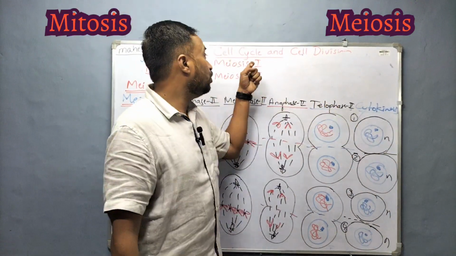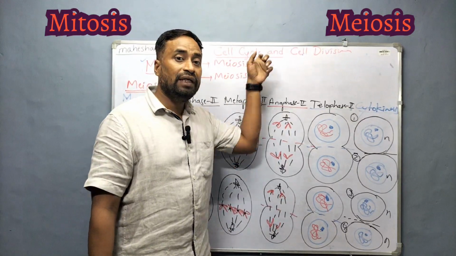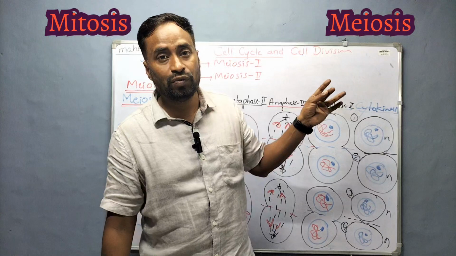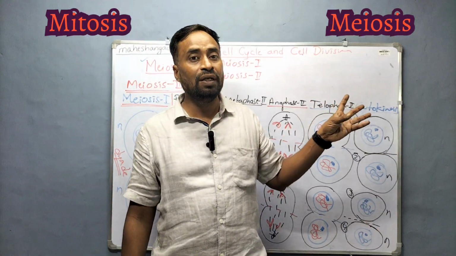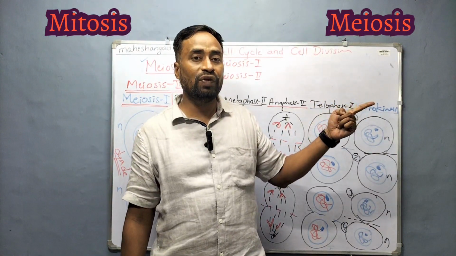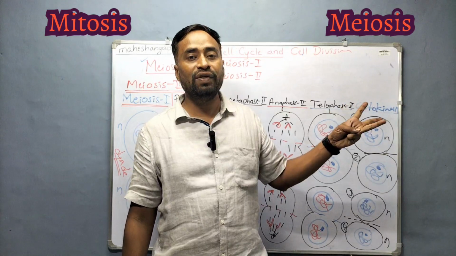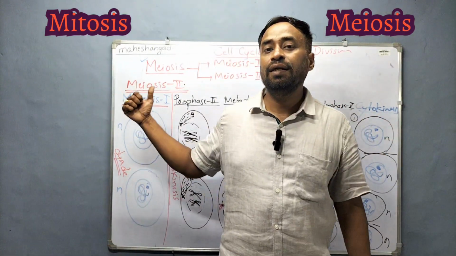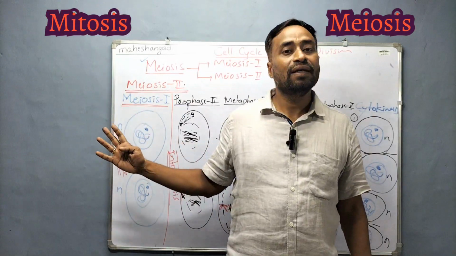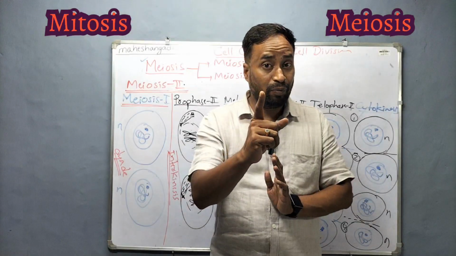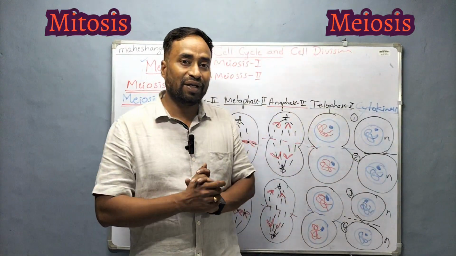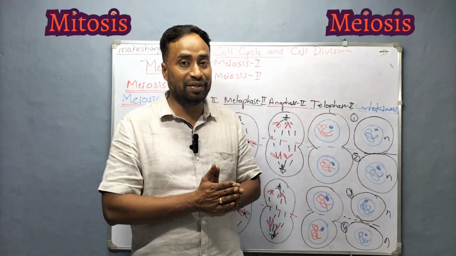It is divided into meiosis 1 and meiosis 2, each having four subphases: prophase 1, metaphase 1, anaphase 1, telophase 1, like that prophase 2, metaphase 2, anaphase 2, telophase 2. So here 8 phases are there, and in mitosis 4 phases. One more difference I am recalling right now, which you must mention.